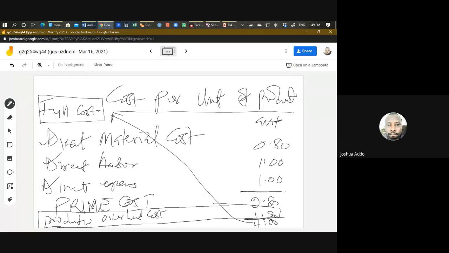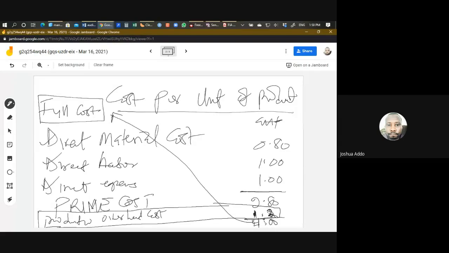So I just said we should assume that production overhead cost per unit is 1 cedi, 20 pesos. And we'll be able to do that after this lecture. When we add this 1 cedi, 20 pesos to 2 cedis, 80 pesos, we get 4 cedis. And that is what absorption costing calls full costs per unit of the product.